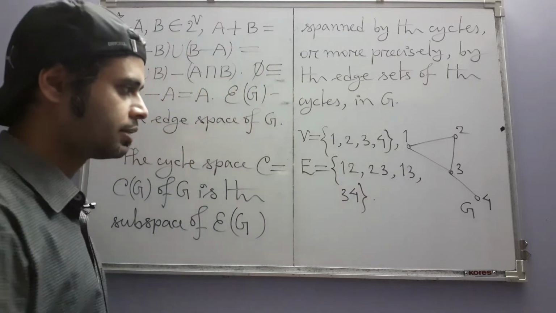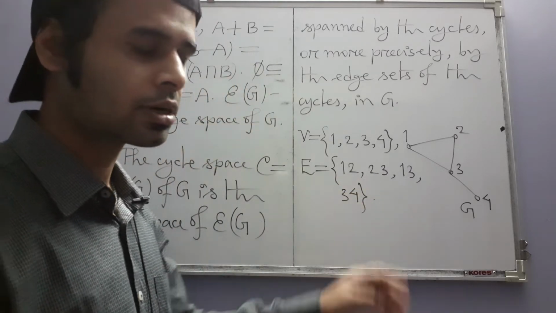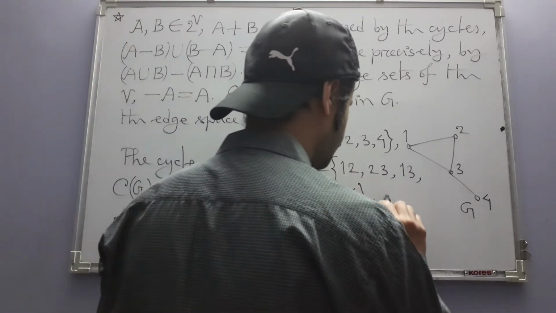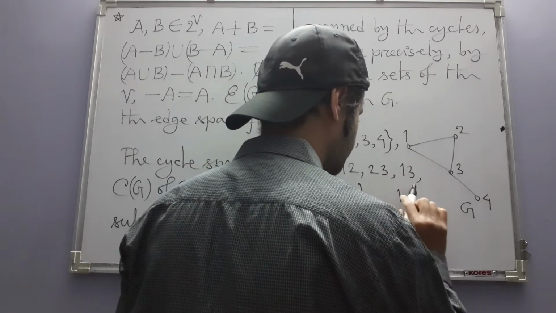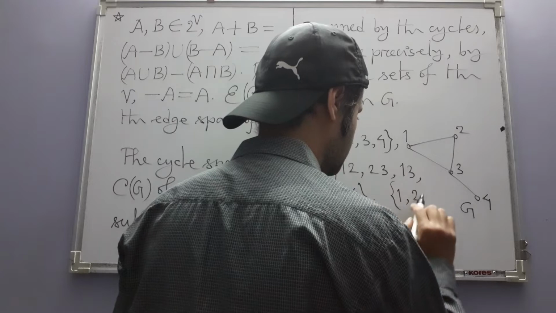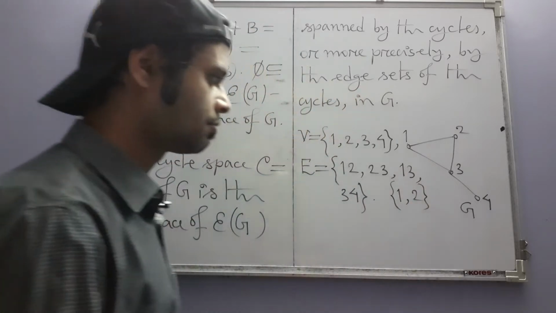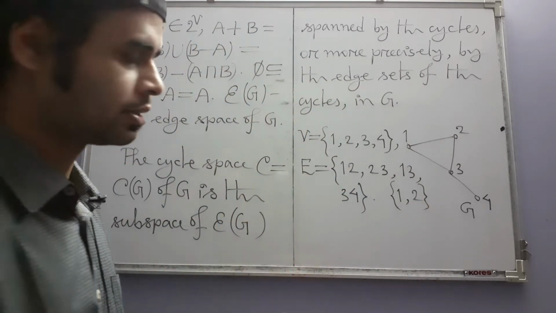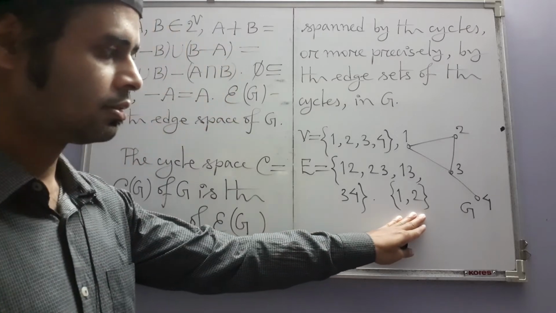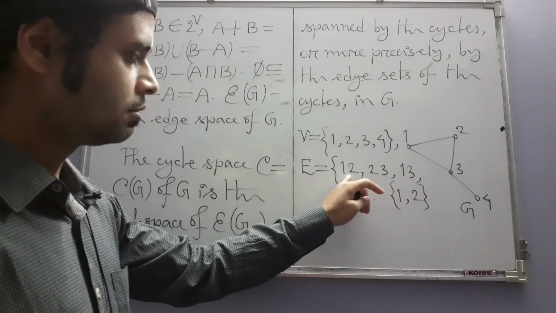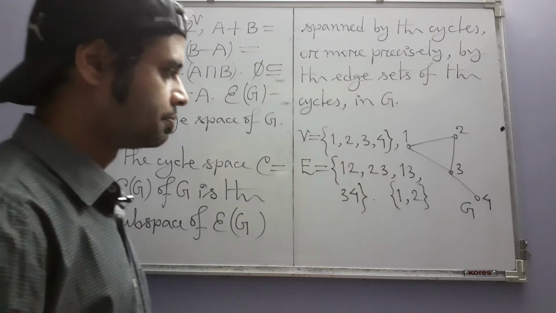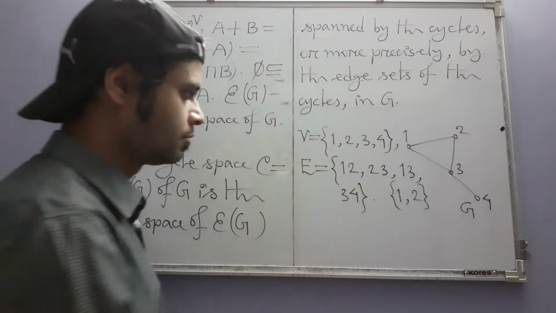You understand that these are not twelve, twenty-three, not like that. These are shorthand notations for the more elaborate notation for the edge 1, 2, for example, which is just by definition this, but in short we write like this.